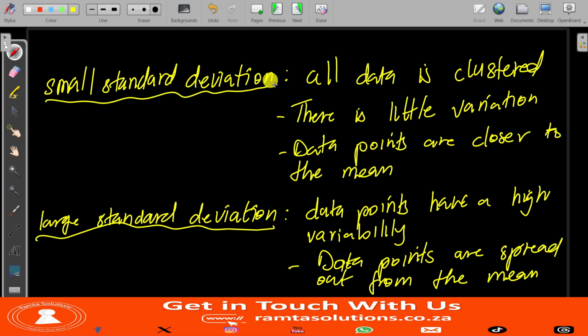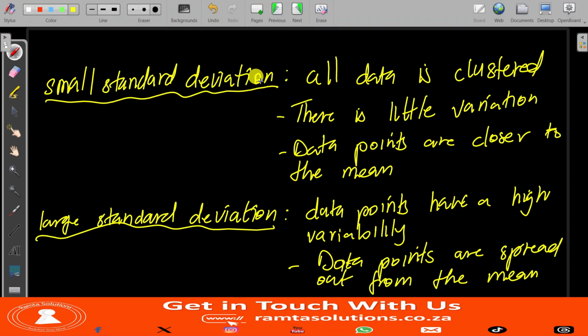Sometimes when you look at your data, it's important that when you are asked for standard deviation, you first get your average, your mean, right? And then you look at your mean, and you can expect either a small standard deviation or a large standard deviation when comparing your data to the mean.